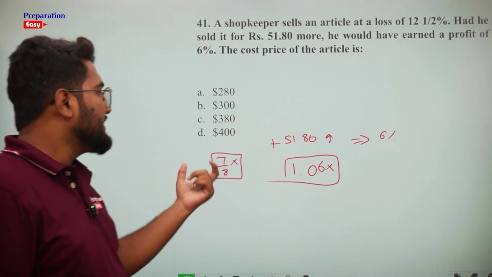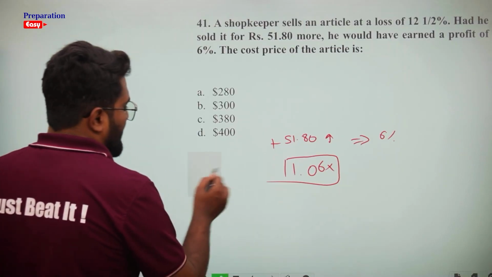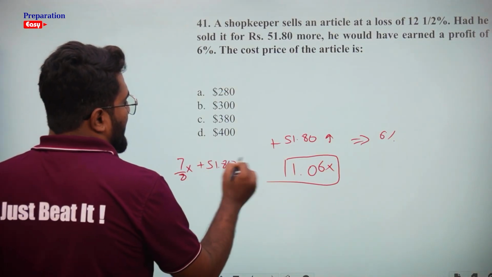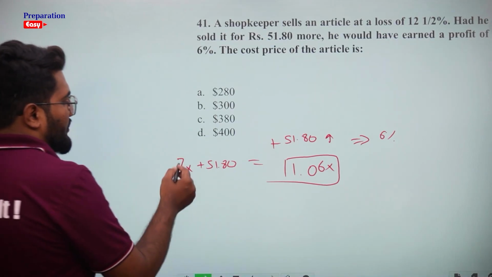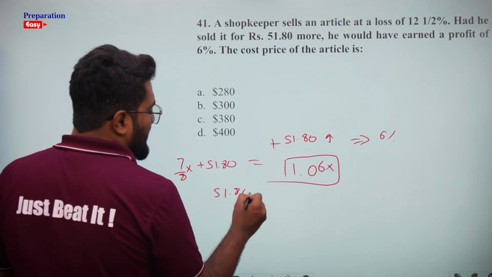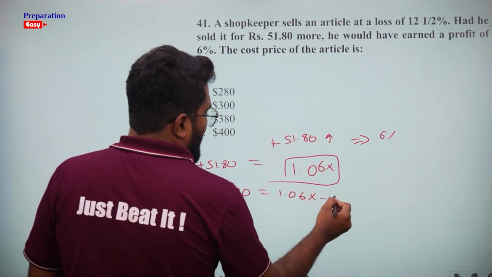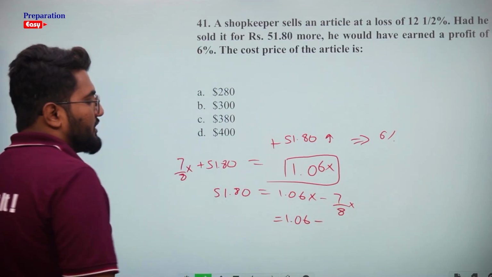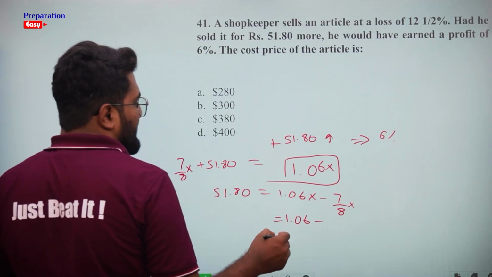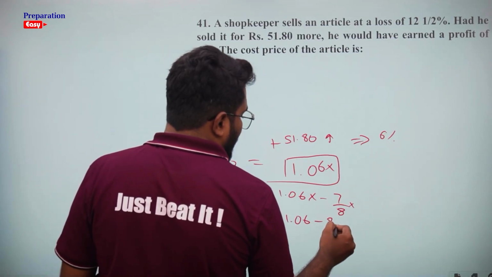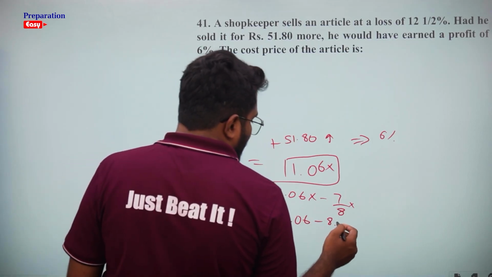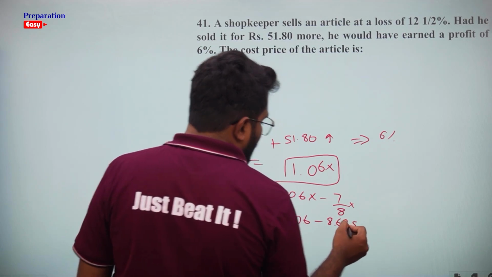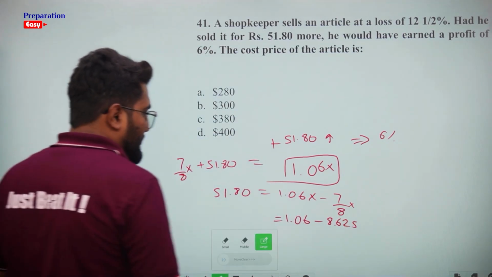Then 7 by 8 x plus 51.80 equals 1.06 x, or 51.80 equals 1.06 x minus 7 by 8 x, which is 1.06 minus 7 by 8. 8 8s are 56, 8 8s are 64, 8 6s are 48, 8 2s are 14, and the answer will be 0.8625.